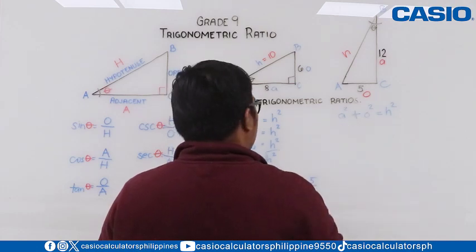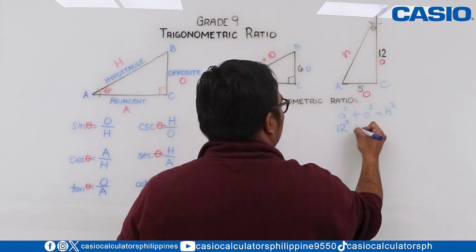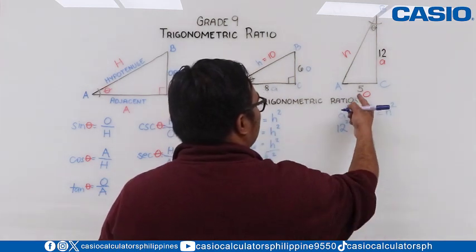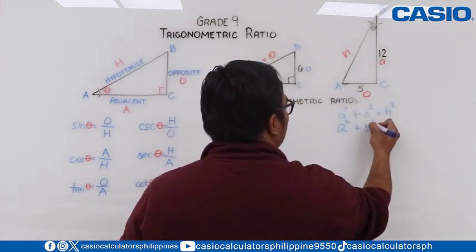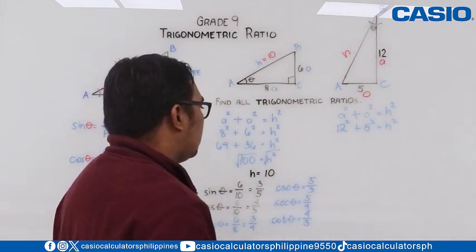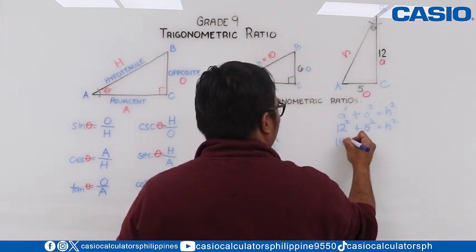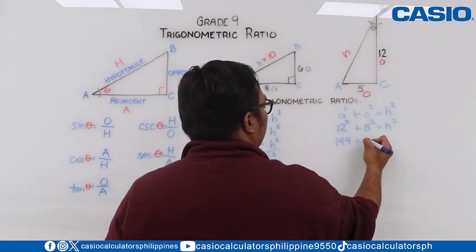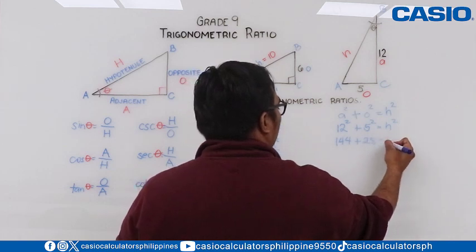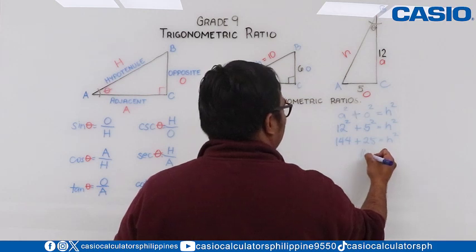So, a squared is equal to 12 squared plus our opposite side is 5, so that will be 5 squared. And hypotenuse, we do not have yet the value. Then, let's continue. 12 squared is 144. 5 squared is 25 equals square of hypotenuse. Let's add, that is 169.